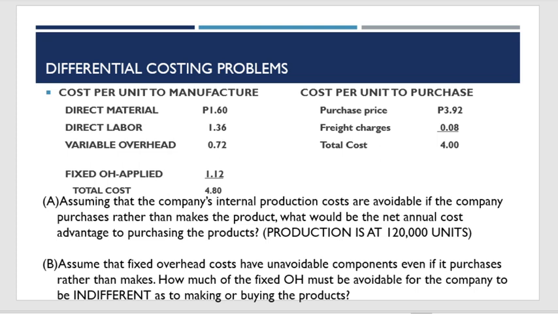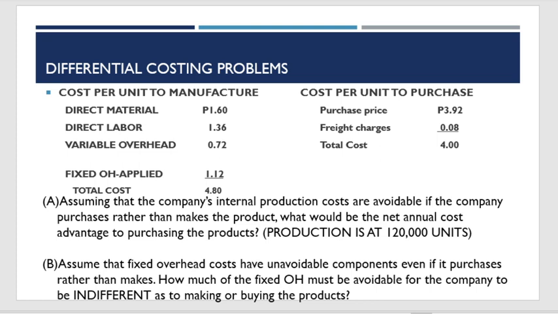O the 4.8 minus 4 is 0.8 times 120,000. That is 96,000. That is your net annual cost advantage in purchasing the product. Yun yung matitipid mo when you decide to purchase the unit, the raw material siguro yan.